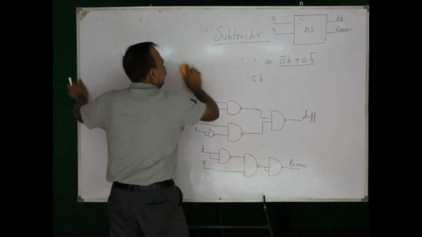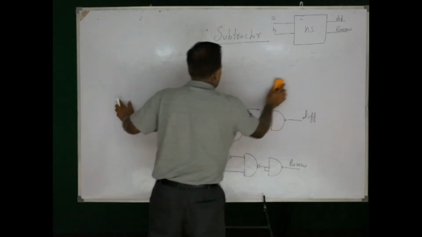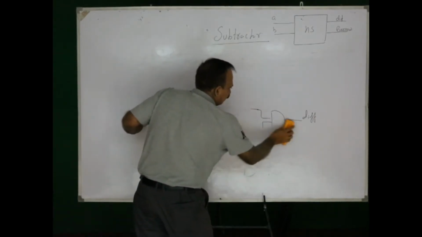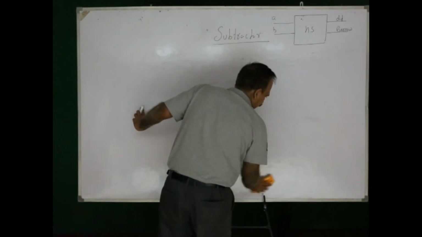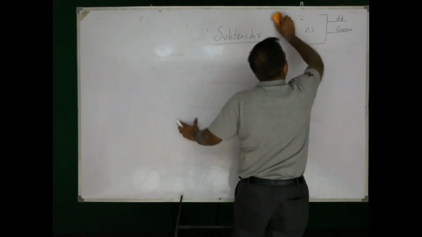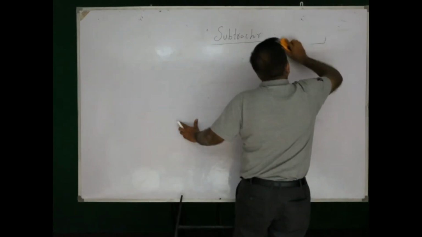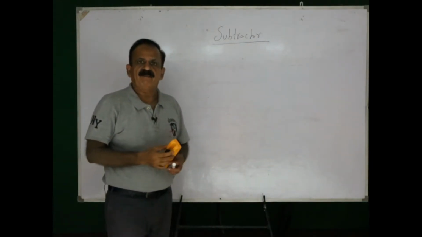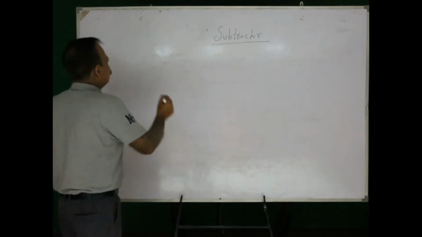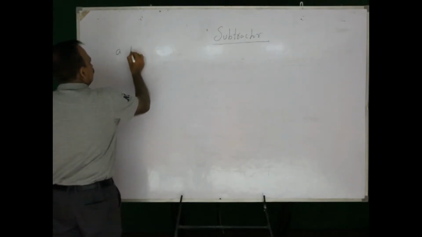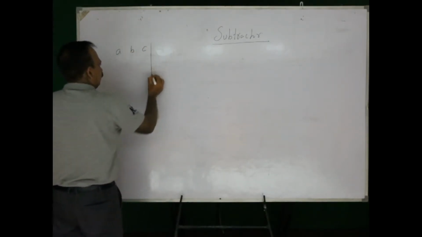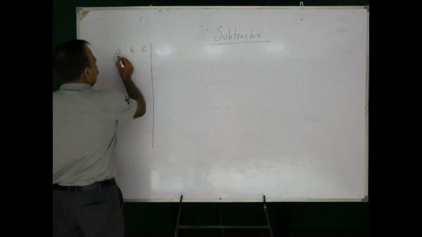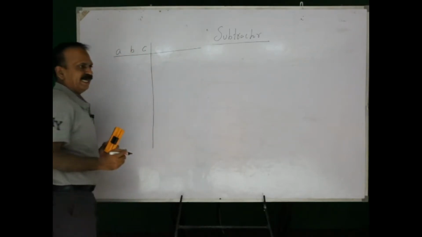I will say A, B, C, and the result I will be finding is A minus B minus C. This will be my result, A minus B minus C. Now, we will first generate a truth table for the implementation of this A minus B minus C. As I said, for the full subtractor there will be 3 input entries, and the total combinations with the 3 values will be 8.